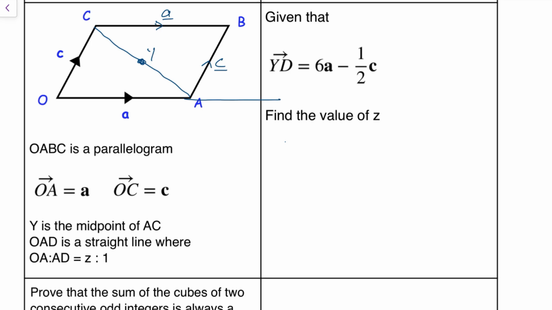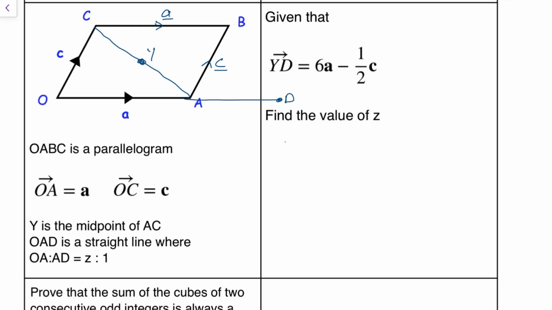So that's a straight line. Okay, where O to A to D is Z to 1. Great. I'm not going to write anything there at all. And then it says, given that Y to D, so D's here, so Y to D, is 6A minus a half C. Find the value of Z.